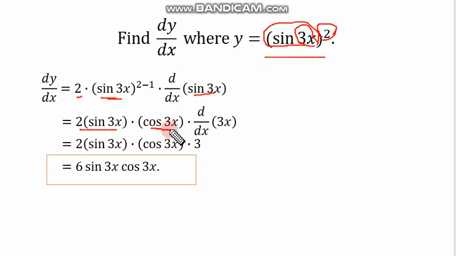And notice there is a 3x here in our trigonometric function, so it is the inner function of our trigonometric function. So we will get the derivative of 3x, d/dx of 3x, which is equal to 3. So that's 2 sine 3x times cosine 3x times 3. That's equivalent to 6 sine 3x cosine 3x. And this is the answer.